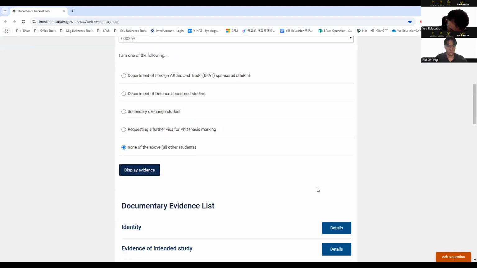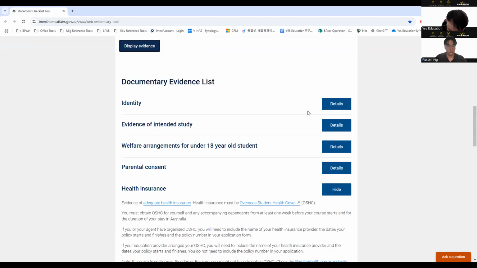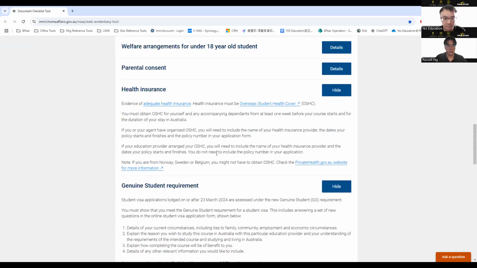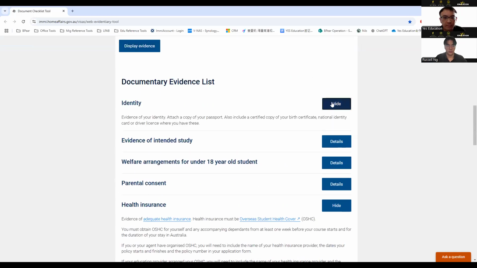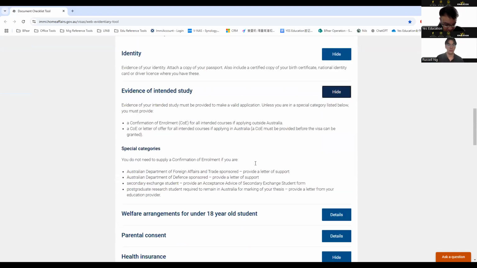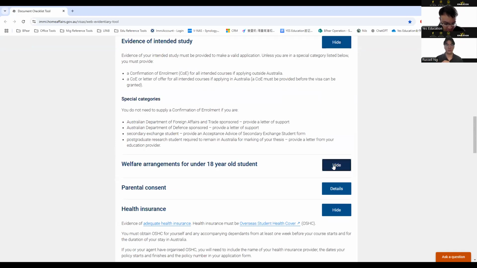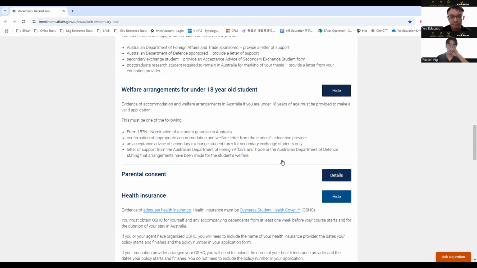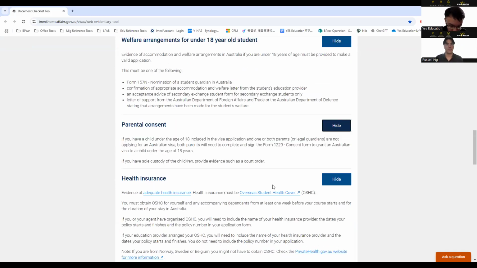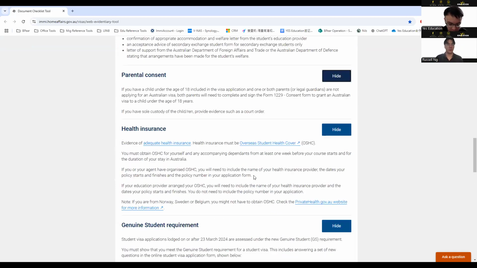Then we display the document checklist. Then we see a list of documents needed. We need identity evidence, usually a passport and COE, and welfare arrangement under 18 years old. That's only for students younger than 18 years old. And parents' consent also for students under 18 years old.